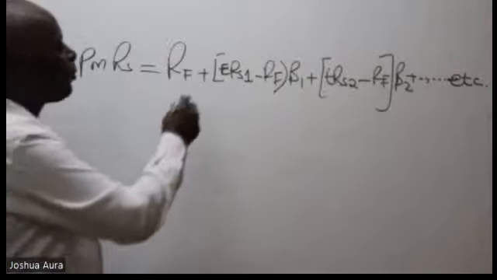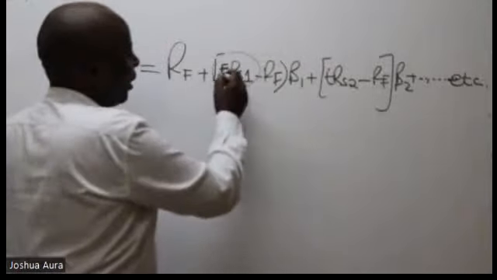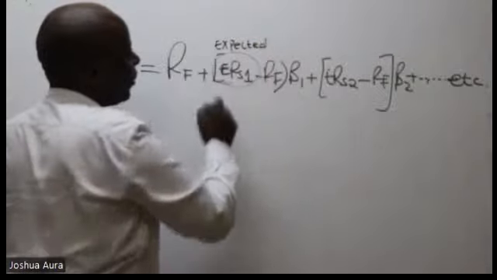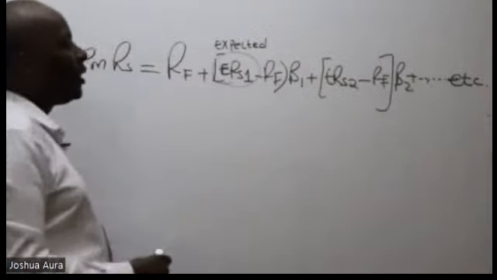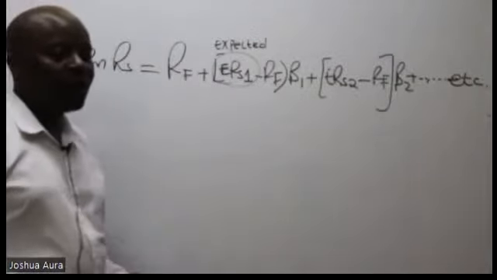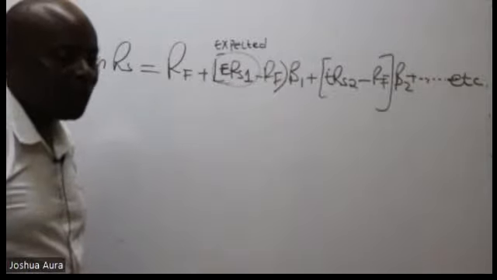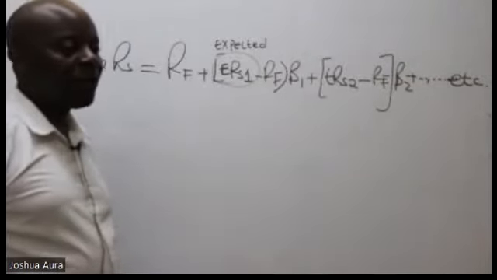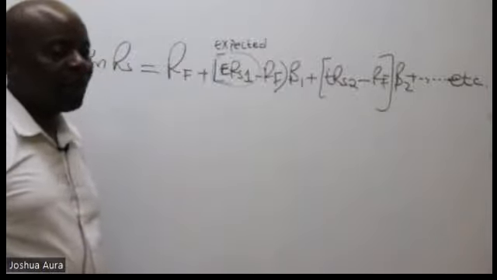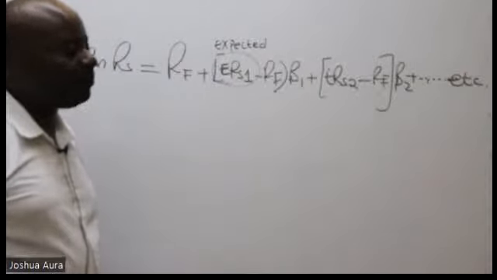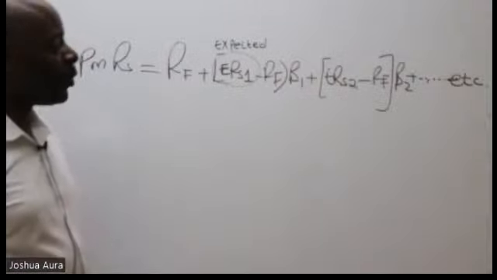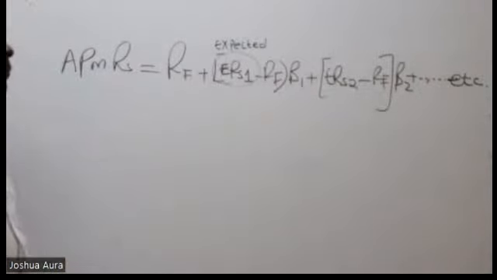So for your revision, you could mention this in full: this is expected returns of a security given factor 1. Of course, factor 2 and the others, you'll be able to appreciate.